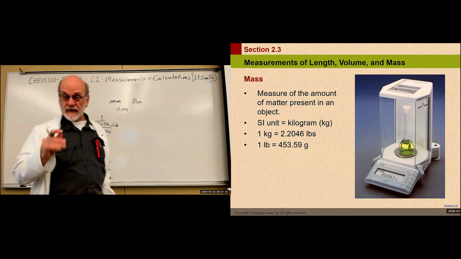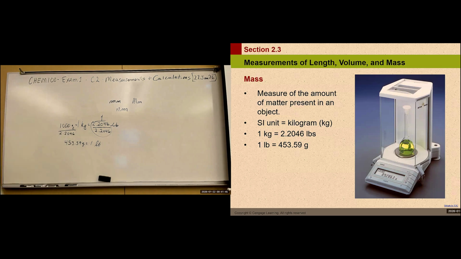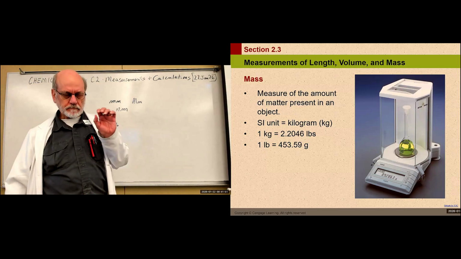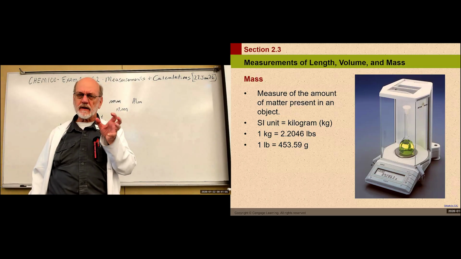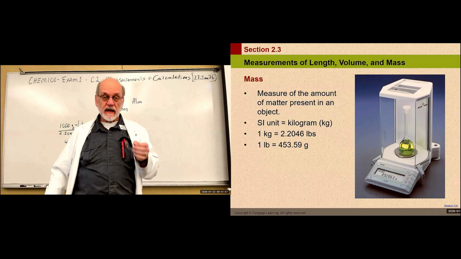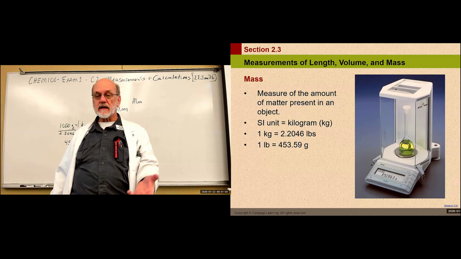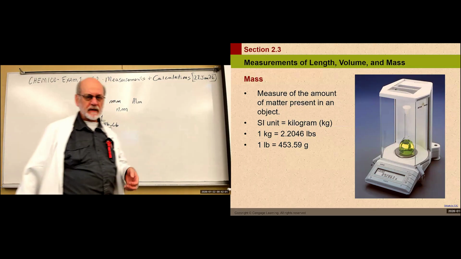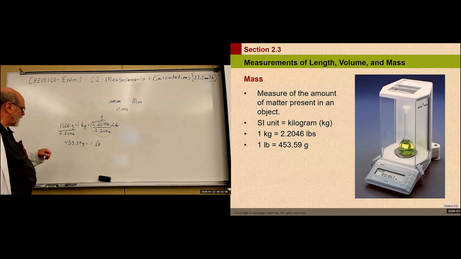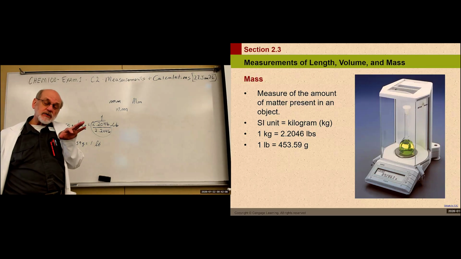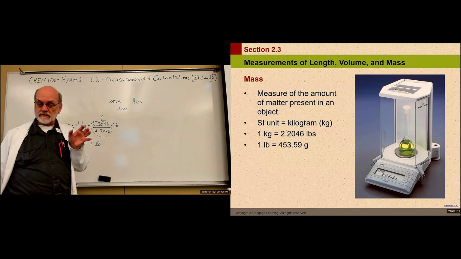Another skill that would be useful, especially if you're checking yourself to be sure that you're making the correct calculations, is to learn the technique of estimation. If I were to take this 2.2 into 1,000, I would say, okay, if it was 2, it would be 500, right?